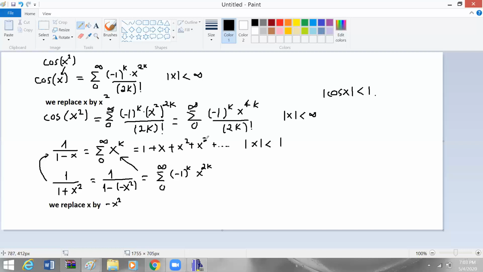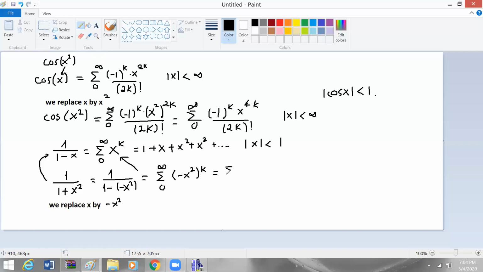So if you sort of feel like, well, I don't understand what it is, you can go one more step forward for that part. I just replace x by negative x squared. So this one will be negative x squared raised to the k. But we know k will be positive and negative, so we cannot cancel out the negative sign in front.